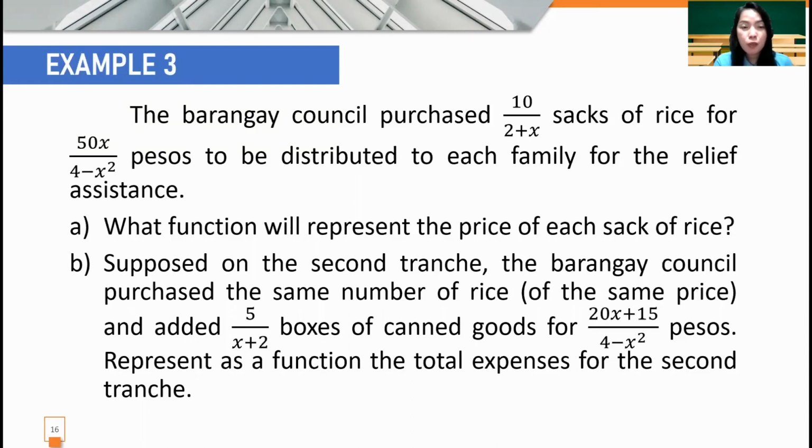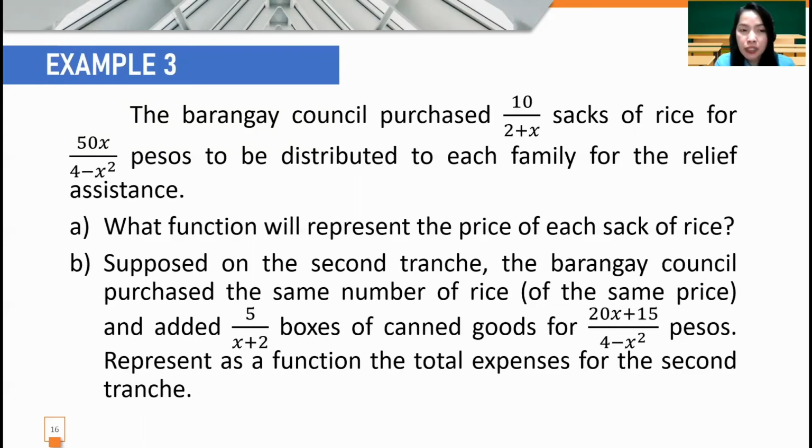Letter B, suppose on the second tranche, the barangay council purchased the same number of rice, of course of the same price, and added 5 over x plus 2 boxes of canned goods for 20x plus 15 all over 4 minus x squared pesos. Represent as a function the total expenses for the second tranche.